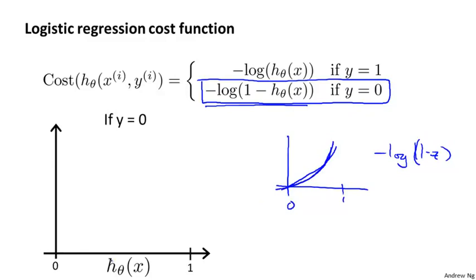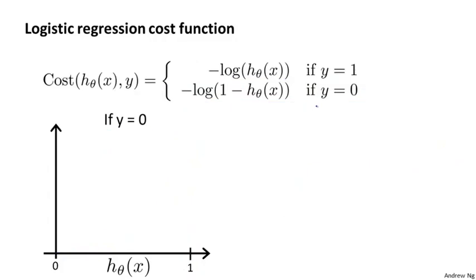And if you plot the cost function for the case of y equals 0, you find that it looks like this. What this curve does is it blows up and goes to plus infinity as h of x goes to 1, because it's saying that if y turns out to be equal to 0, but we predicted that y is equal to 1 with almost certainty, with probability 1, then we end up paying a very large cost.